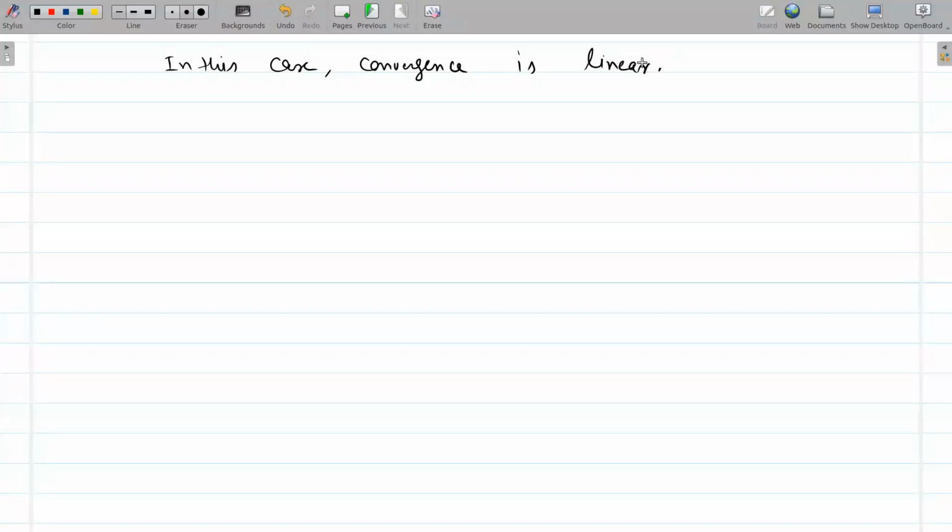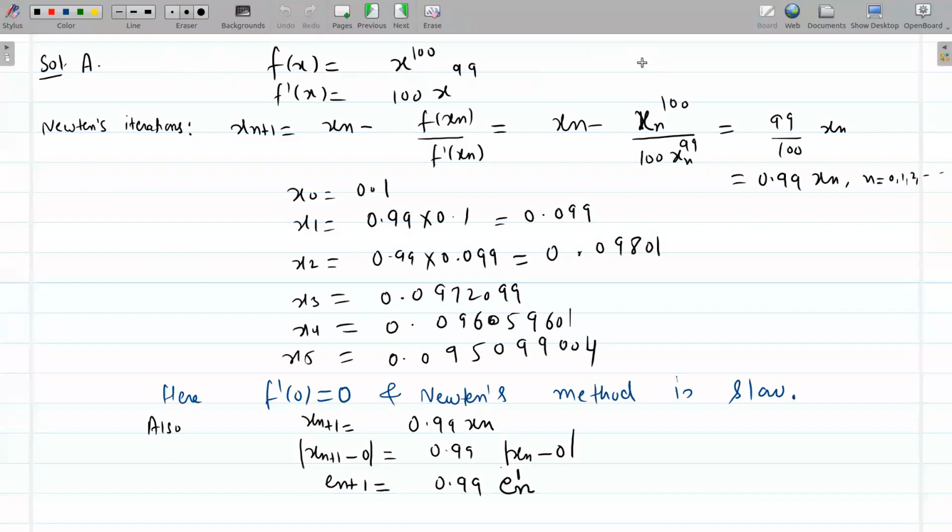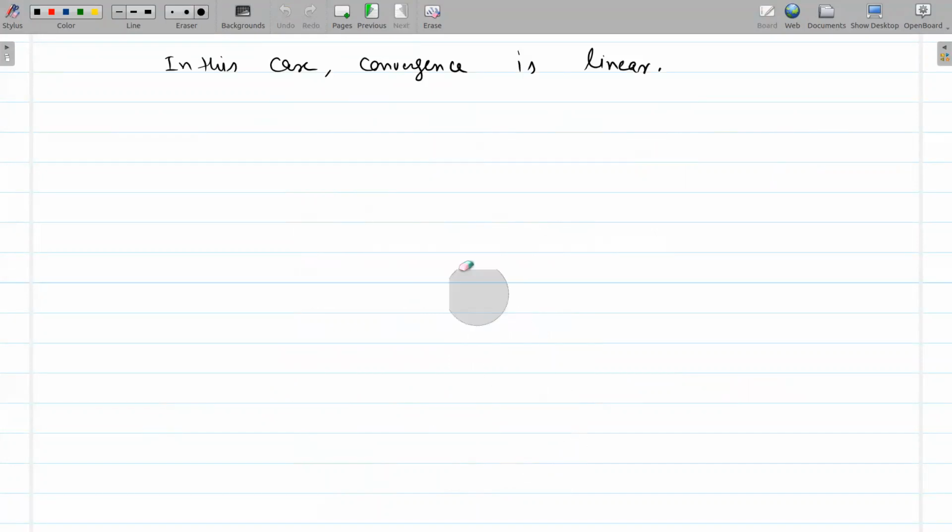So in other words, if the derivative is zero, you are getting linear convergence, which is usually less than the normal convergence of Newton's method. And one more important point: second order minimum is given when the derivative is non-zero. If the derivative is zero, this is an example in which you are getting linear convergence. So Newton does not always give quadratic, it can give linear convergence when the derivative is zero.